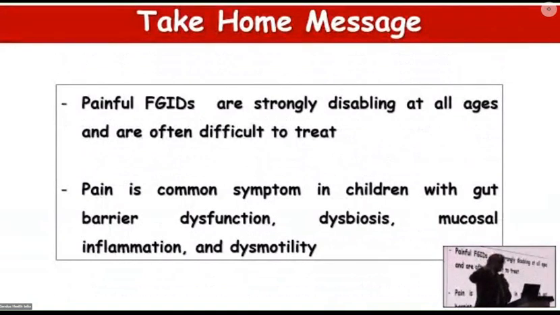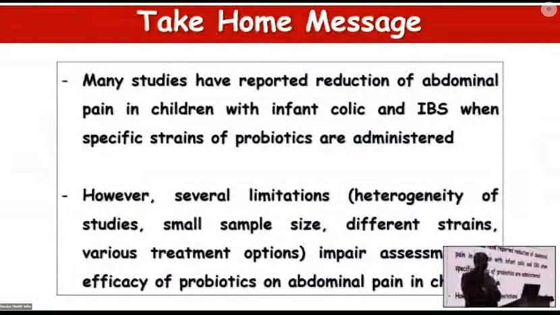Painful functional gastrointestinal disorders are strongly disabling at all ages and are often difficult to treat. They are common in patients having gut barrier dysfunction, dysbiosis, mucosal inflammation, and dysmotility. Many studies have reported reduction of abdominal pain in children with infantile colic and IBS when specific strains of probiotics are administered.